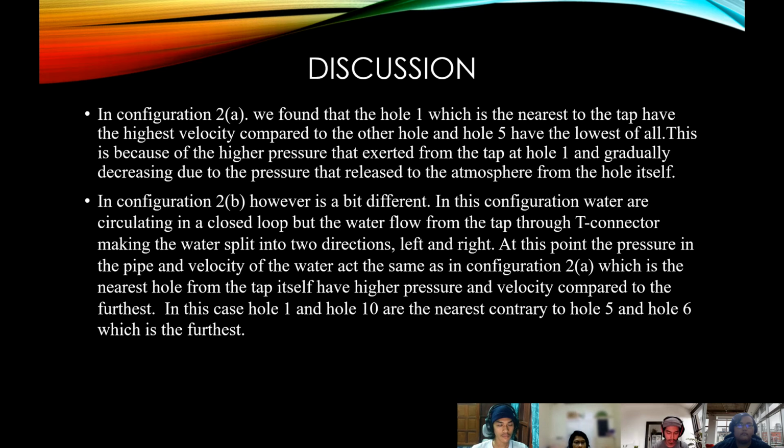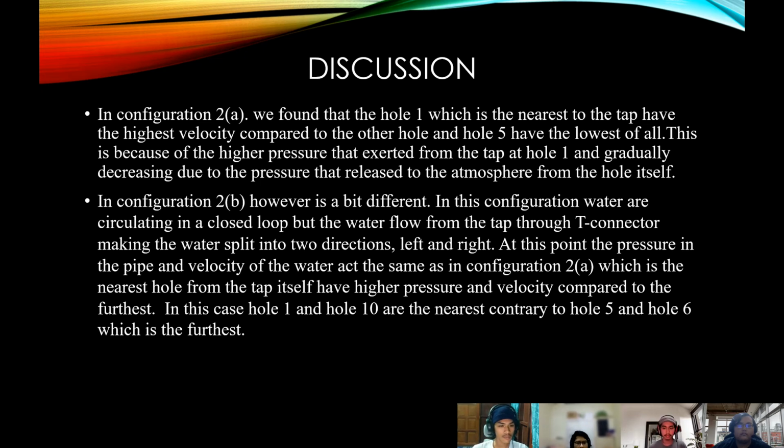In configuration 2B, however, it is a bit different. In this configuration, water is circulating in a closed loop, but the water flowing from the tap through the T connector splits into two directions, left and right.